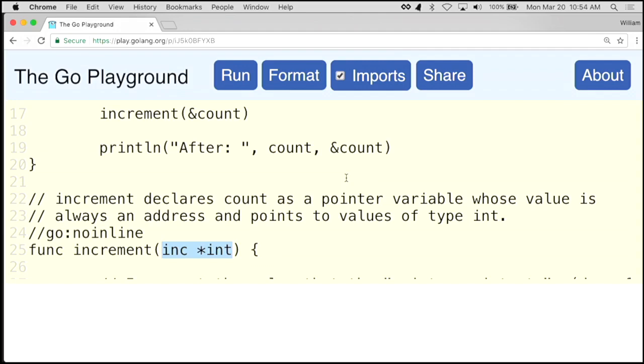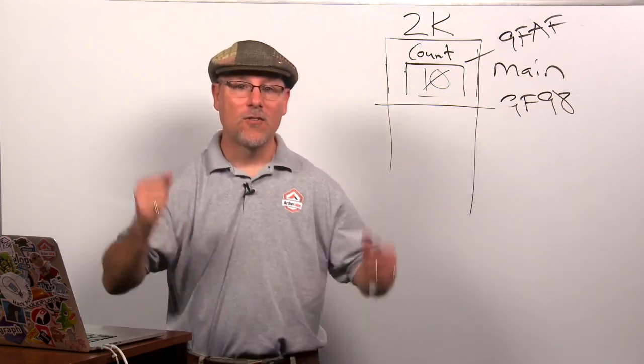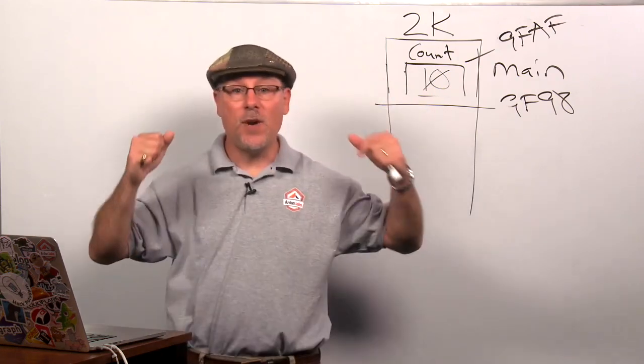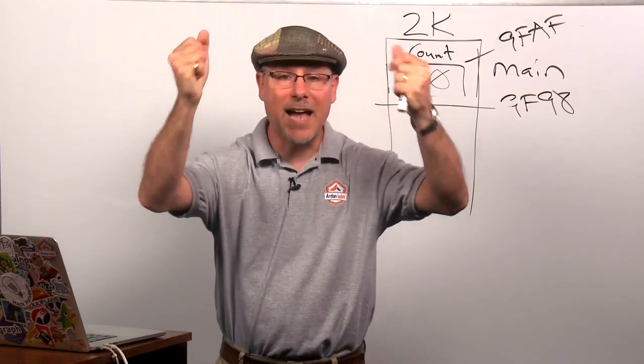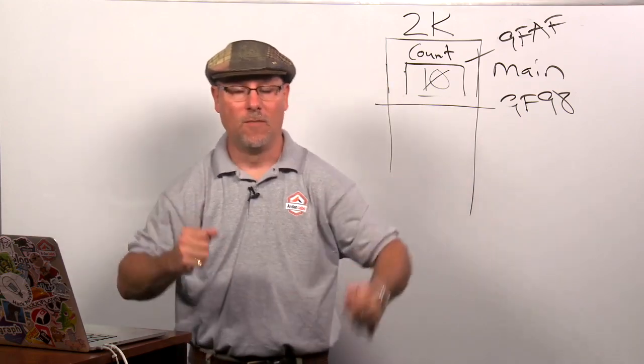And this pointer type declares a variable whose sole purpose is to store that address value. So pointers are for sharing, and we do that sharing by passing by value this address across the program boundary, and it is the pointer variable's job to store that address.